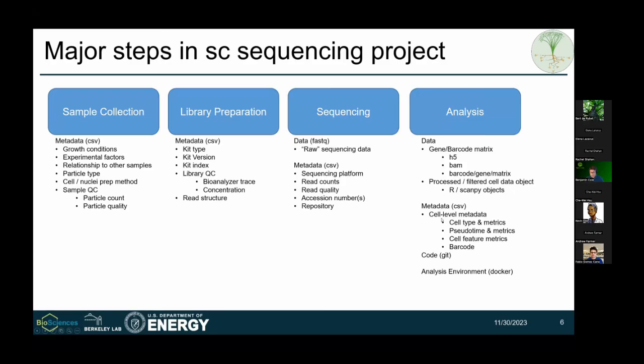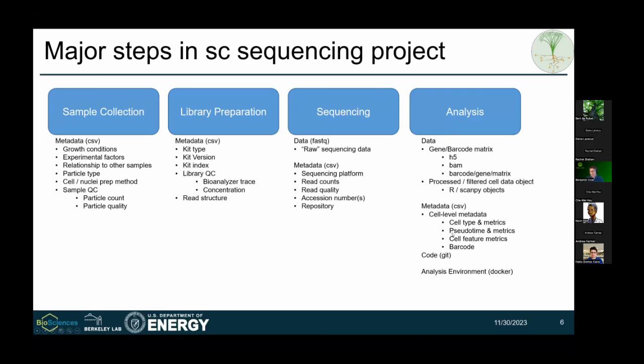Use your data to help describe their work. Cell level metadata includes cell type and associated metrics. If you've done a pseudotime trajectory inference, that's a really important thing to report, as well as the metrics associated with that. By metrics, I mean, how confident are you in those assignments of either cell type or pseudotime? And then other cell features, like whether the cell is dividing or not.